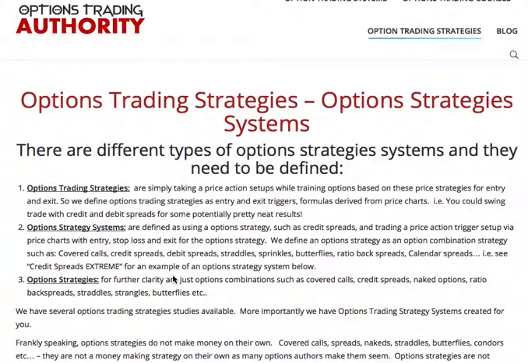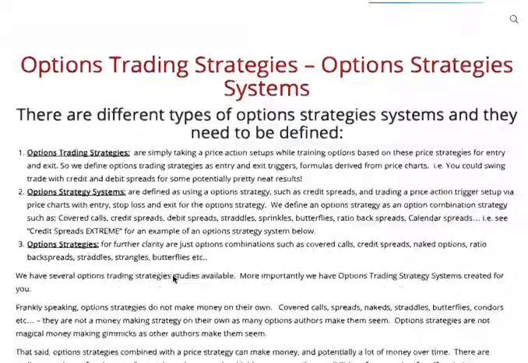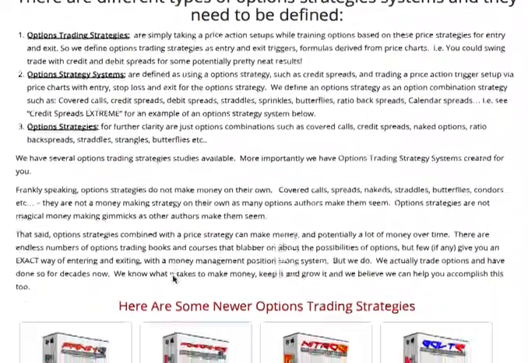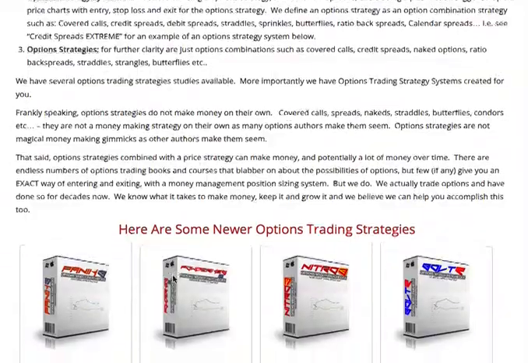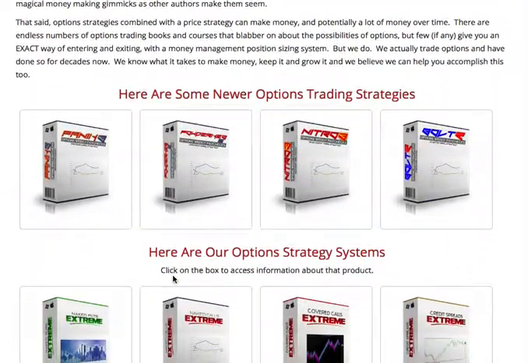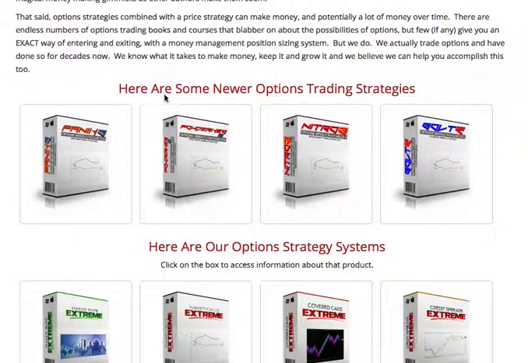Now, we've only created a few options strategy systems. We have a ton more in our treasure chest, but we already have so many out as it is. But if you're looking for something that you're not seeing, then just let us know, because we can probably make it.